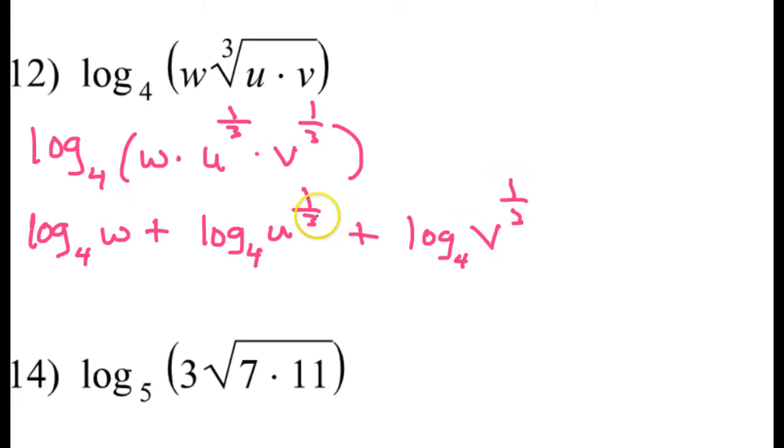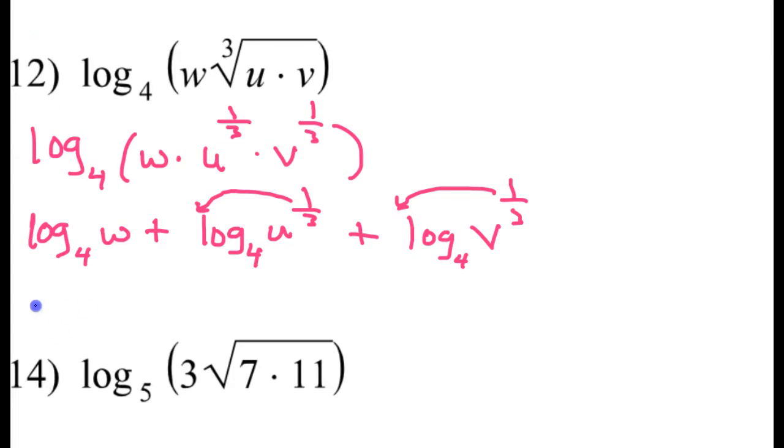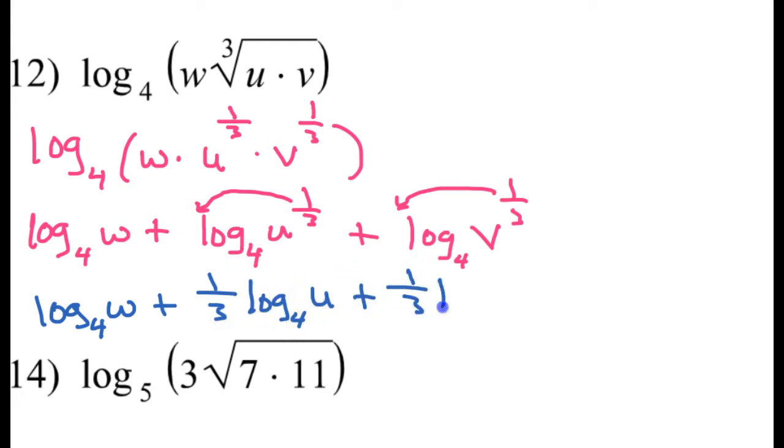And finally, when you are expanding, you take these exponents and you put them in the front. All right, that's called the power rule. So this will bring us to the final answer, which is going to be log base 4 of w plus 1/3 log base 4 of u plus 1/3 log base 4 of v.